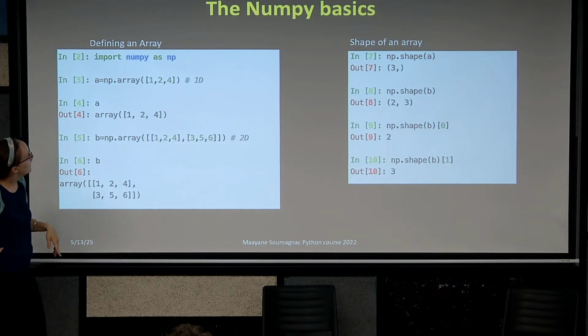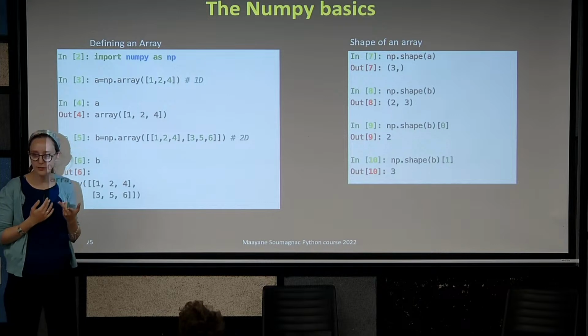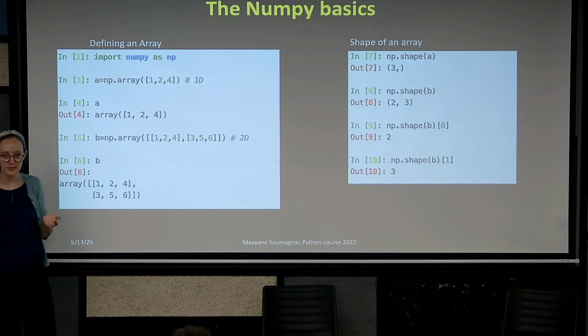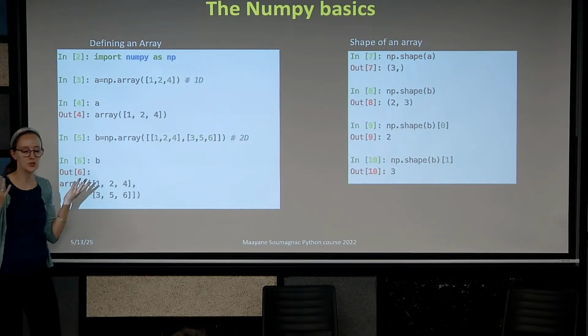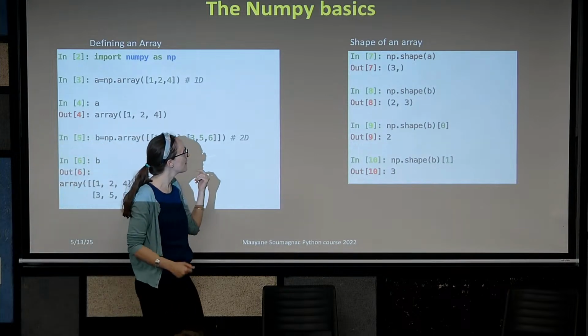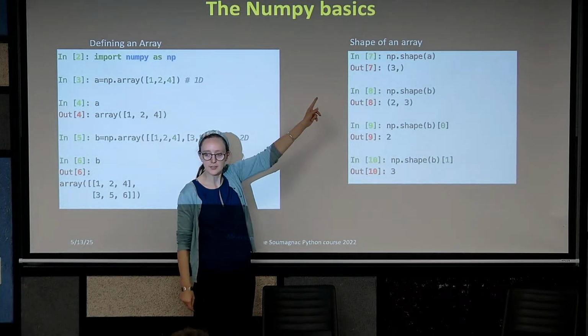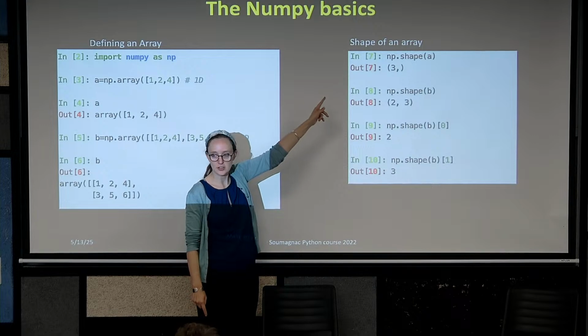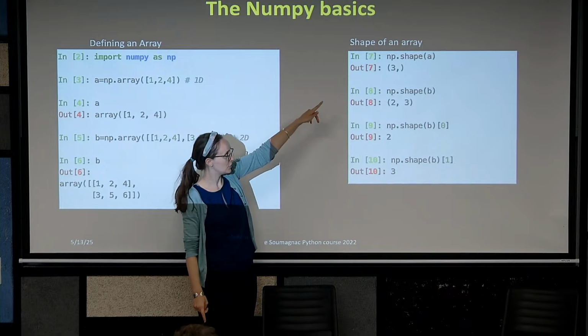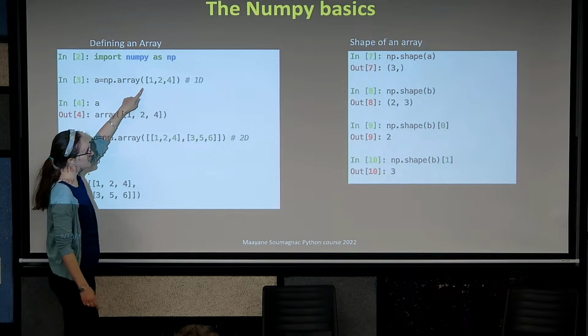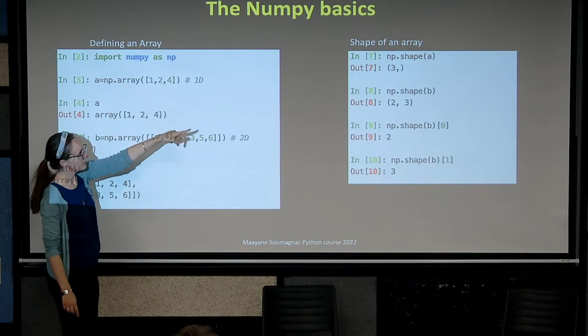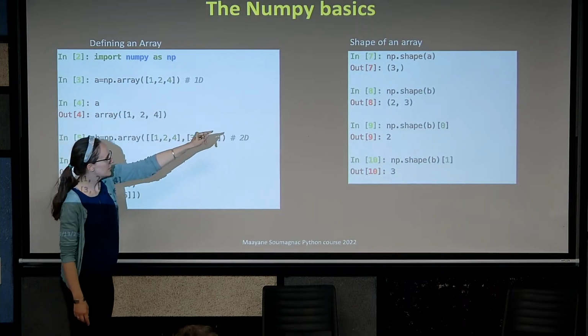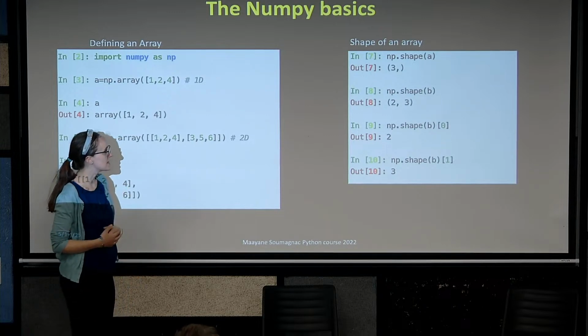Okay, and then there are all kinds of functions which have been written inside NumPy, which you can call and use. So, for example, the shape function. If you do np.shape of A, it will give you the shape of this 1D array. The shape of the 2D array, you see.